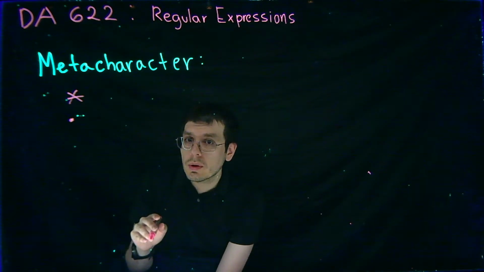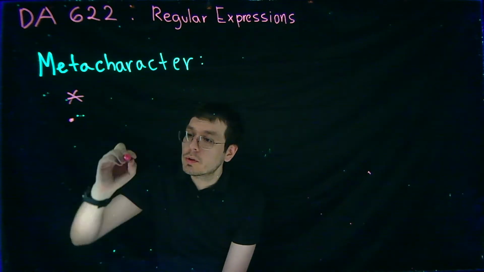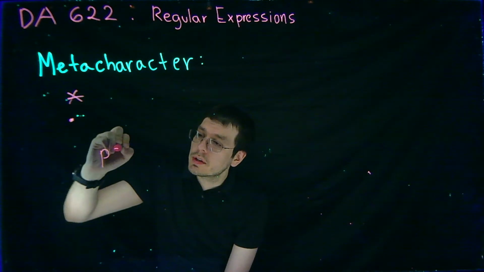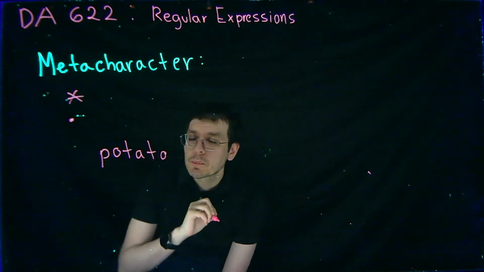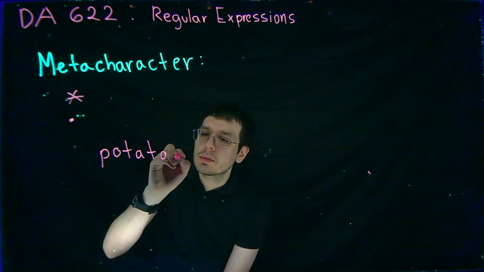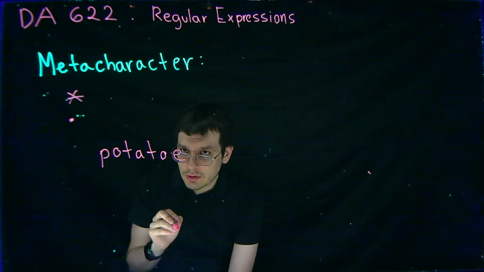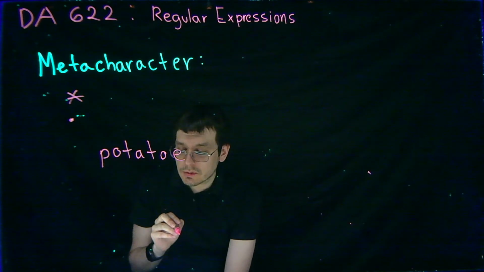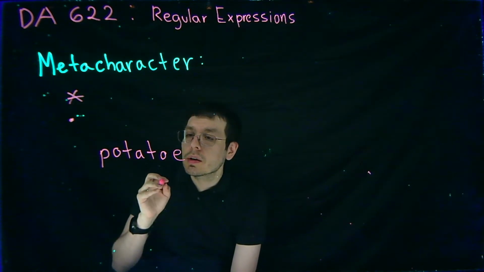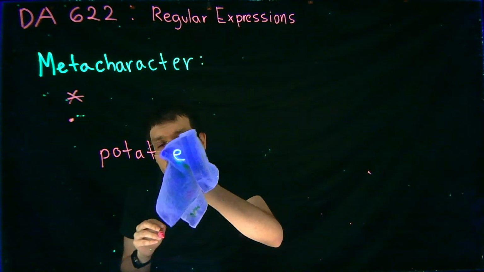Okay? So it could be useful for things like a variation of spelling. For example, let's say that you are looking at the word potato. We know that some people put the E on it, sometimes they don't, right? So let's say you're looking for potato where you don't care what this O is.